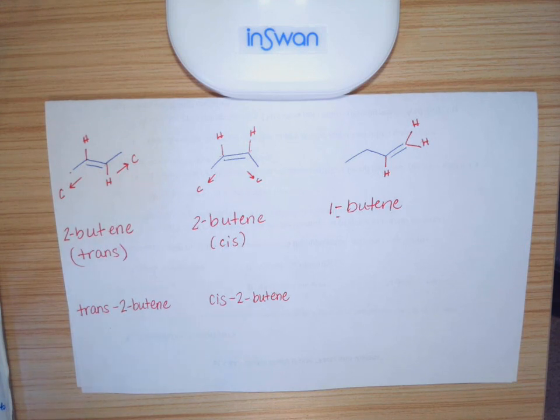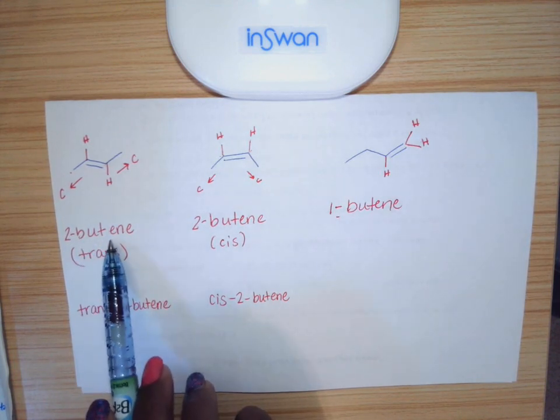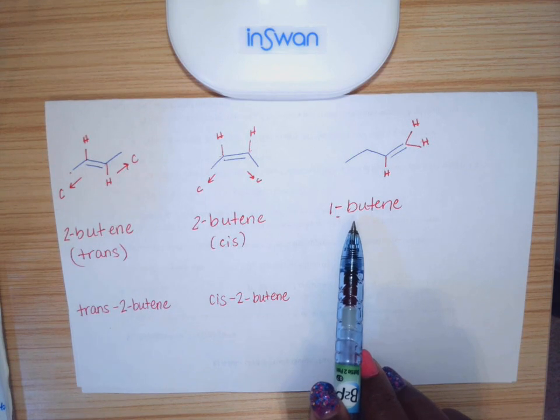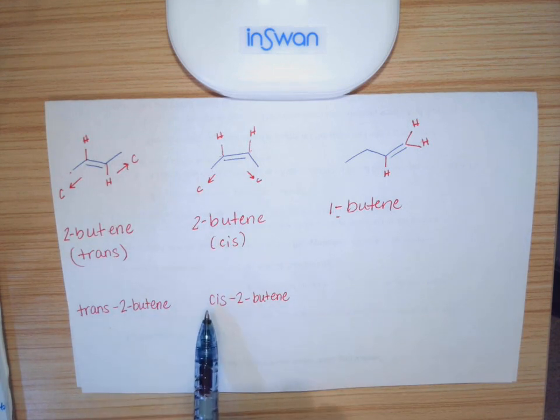But the extra step, if you can indicate what type of stereoisomer is present, you will add that to the very beginning of the name. So the original rules that you learned will simply tell us 2-butene or 1-butene. But now that you know how to distinguish between cis and trans, if you can indicate which one is present, we have to add that to the very beginning of the name to get full credit and to fully name that molecule.